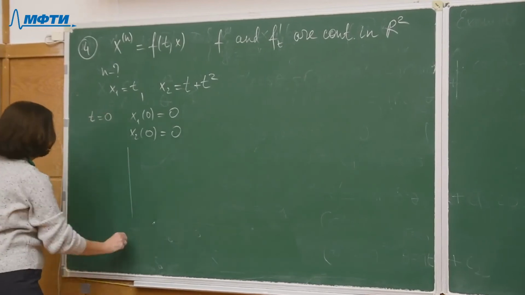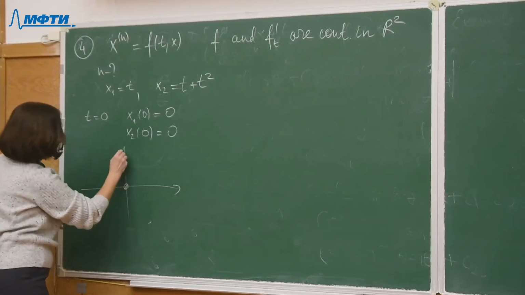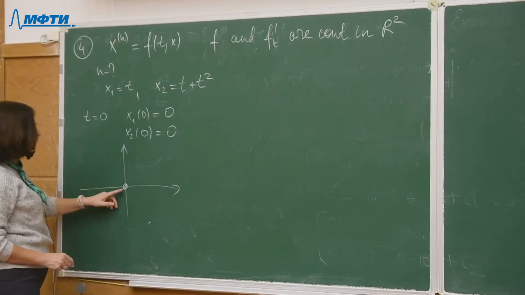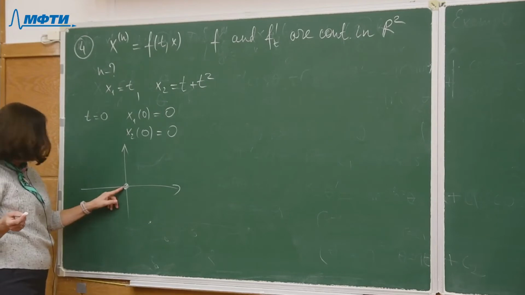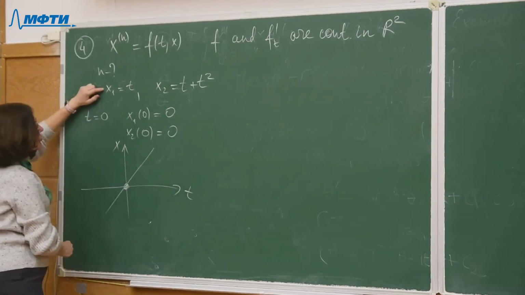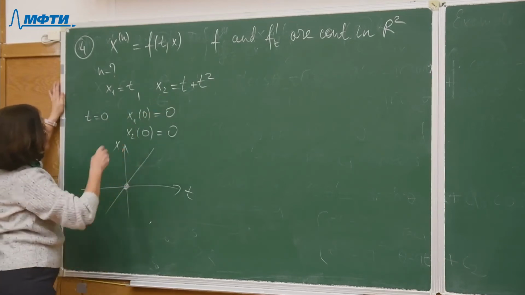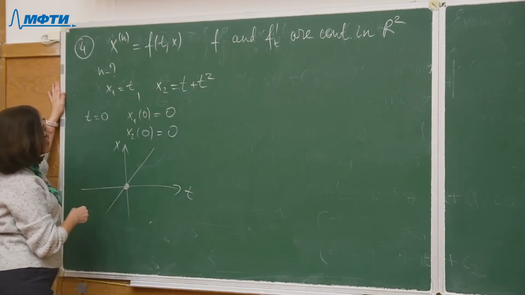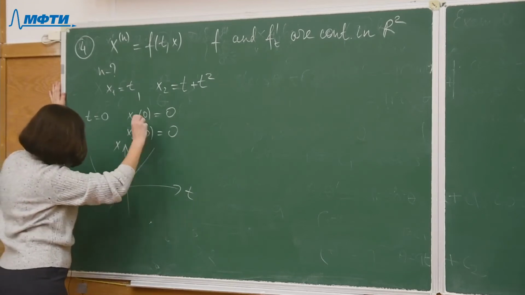So we have two solutions, and they have only one point in common. This one. So the first solution is this, and the second solution is this, a parabola. So it looks like this.